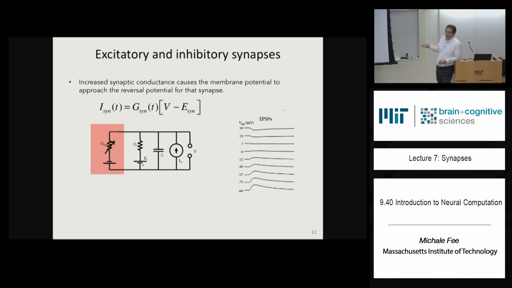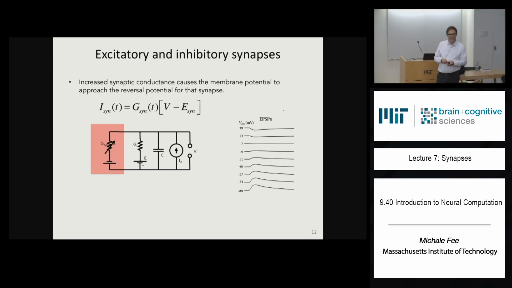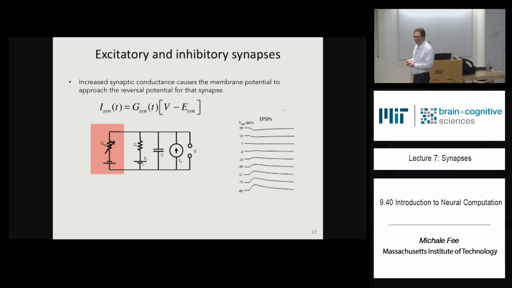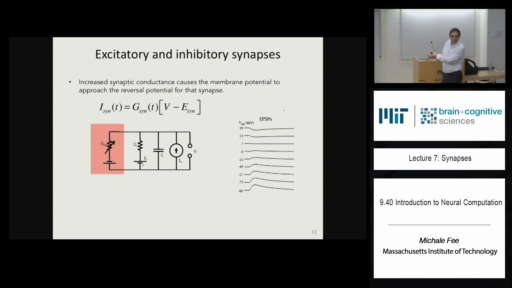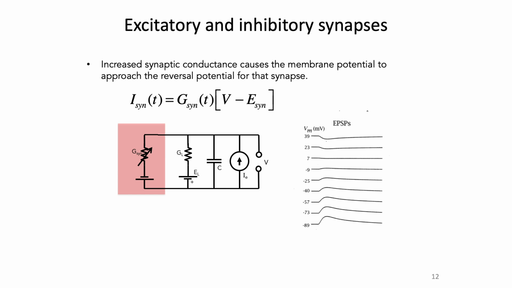Current. Great question. I'm hearing a bunch of good answers. So what happens is we're stimulating the synapse, it releases neurotransmitter, the conductance goes up, current flows in, and depolarizes the cell.